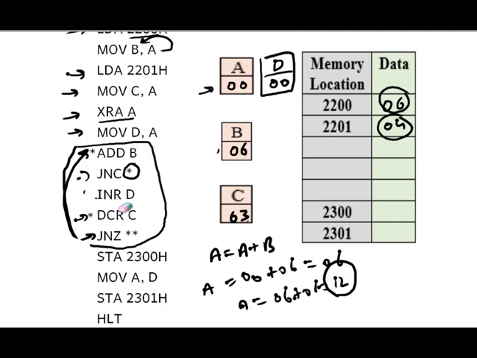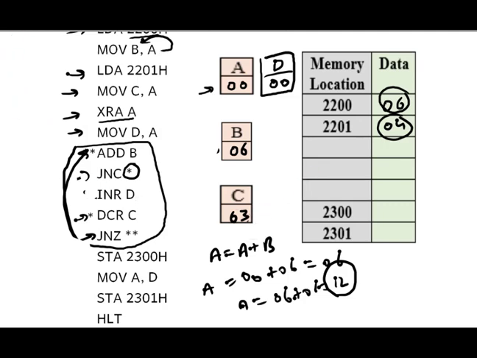ADD B will add B again and again to A, and DCR C will decrement C. After the completion of the entire loop, this 6 will be added 4 times. After every loop C is decrementing, so after C decrements 4 times, it becomes 0 and comes out of the loop, and by then we have added 6 four times. So this is how we do the multiplication.